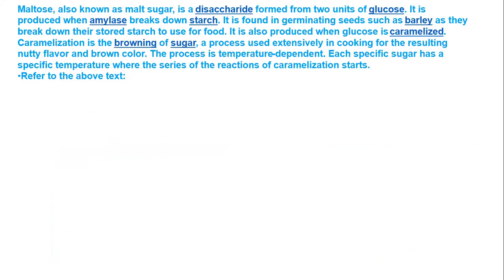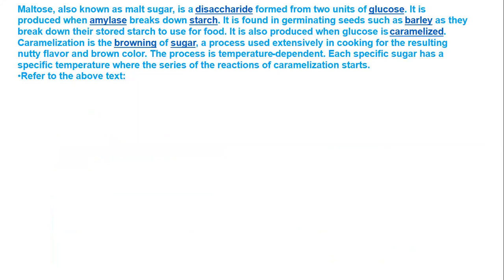Maltose, also known as malt sugar, is a disaccharide formed from 2 units of glucose. It is produced when amylase breaks down starch. It is found in germinating seeds such as barley, as they break down their stored starch to use for food.